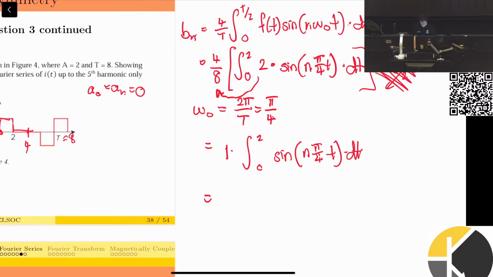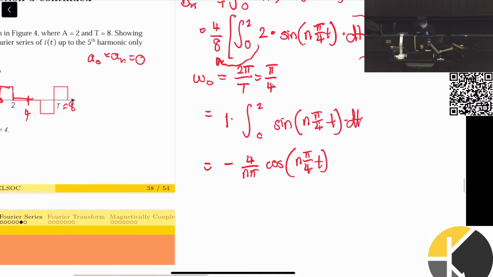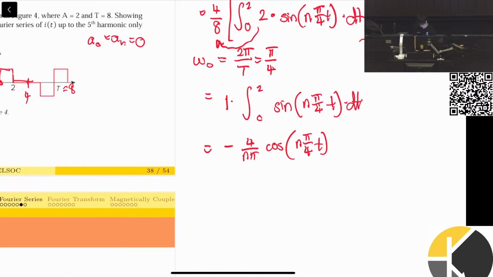Integral of sine is negative cos, so this is negative. Derivative of the argument is n pi on 4, so taking the reciprocal of that, we have 4 on n pi, cos n pi on 4 t. Great, and this is between the boundaries of 2 and 0.